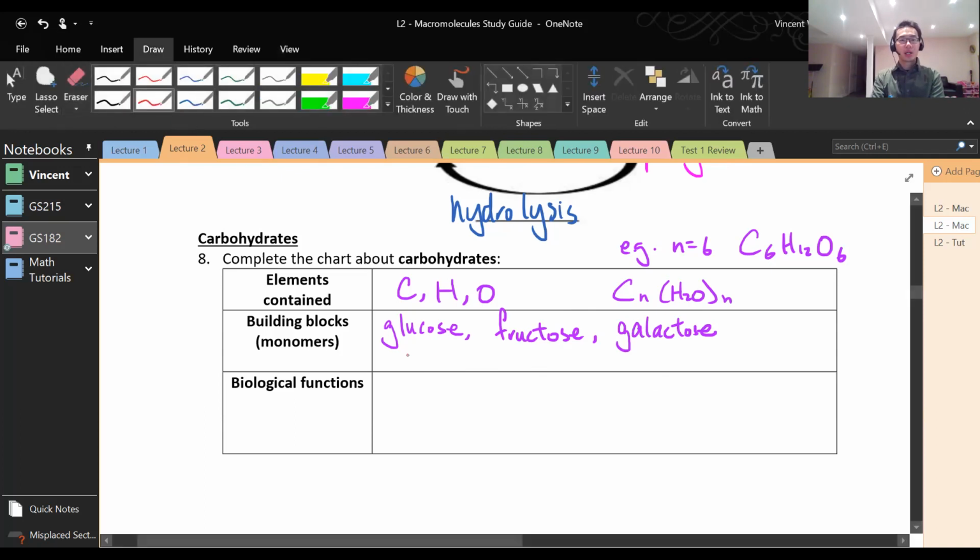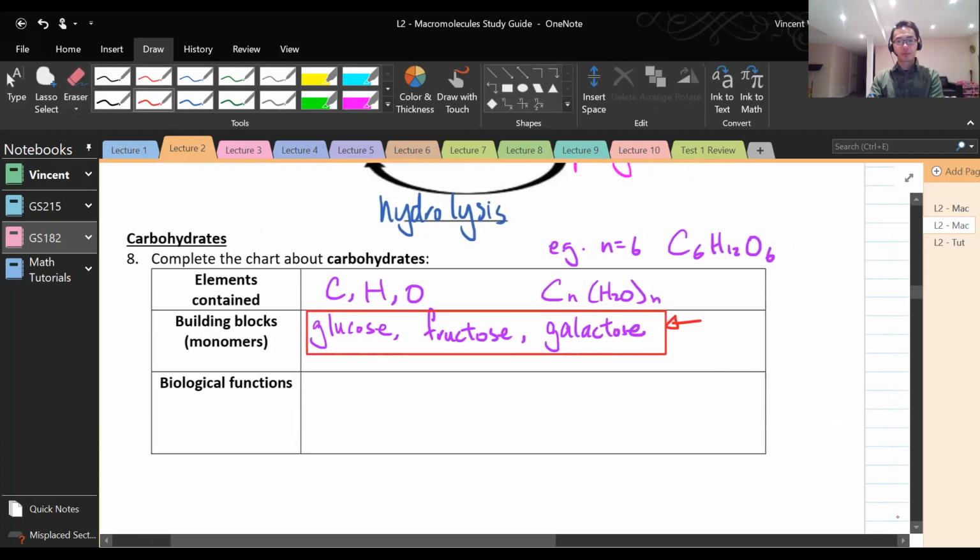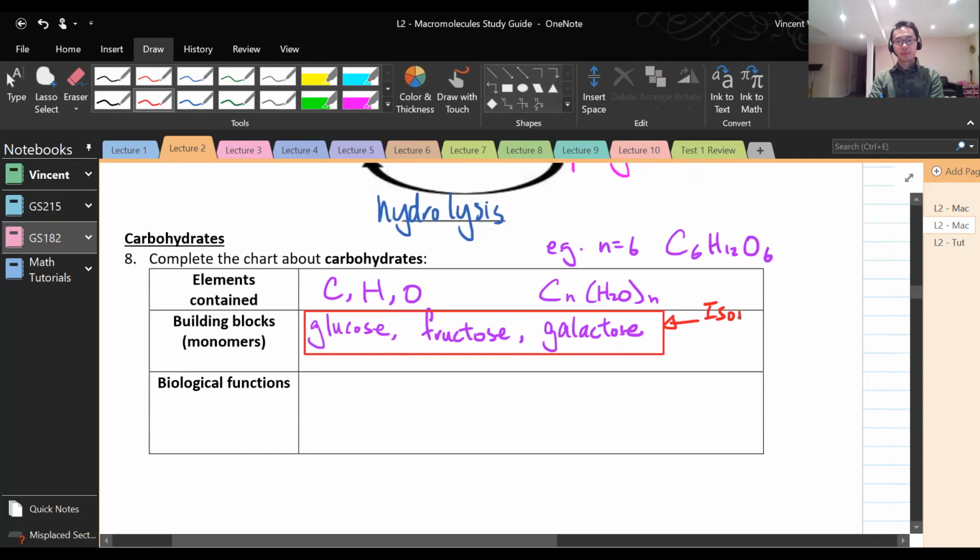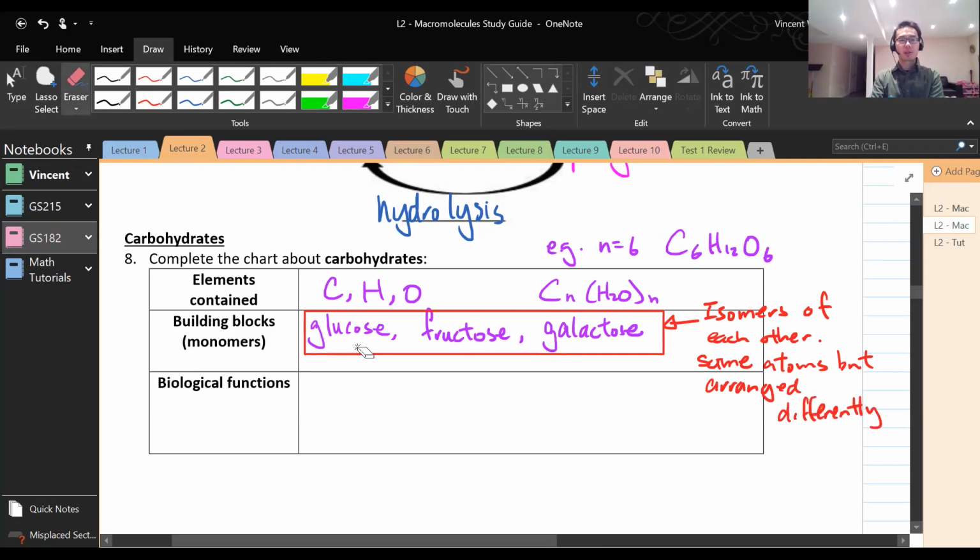Now these are isomers of each other. So same atoms, but arranged differently. It's like a small box of Lego.